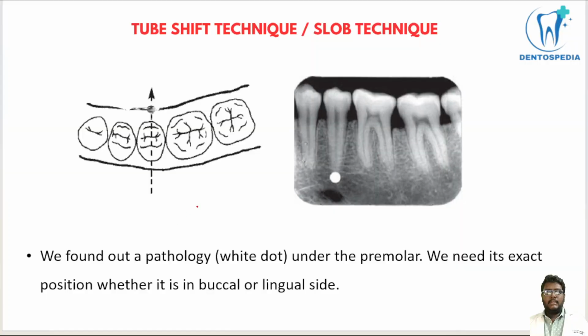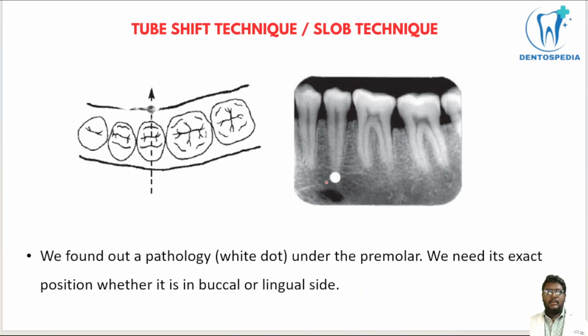Coming to another technique, the tube shift technique, which is also called the SLOB technique. Consider you have a doubt that there is a pathology periapically in the premolar region. When you expose the X-rays at the point of interest, you can see there is a pathology on the apical side of the mandibular second premolar.